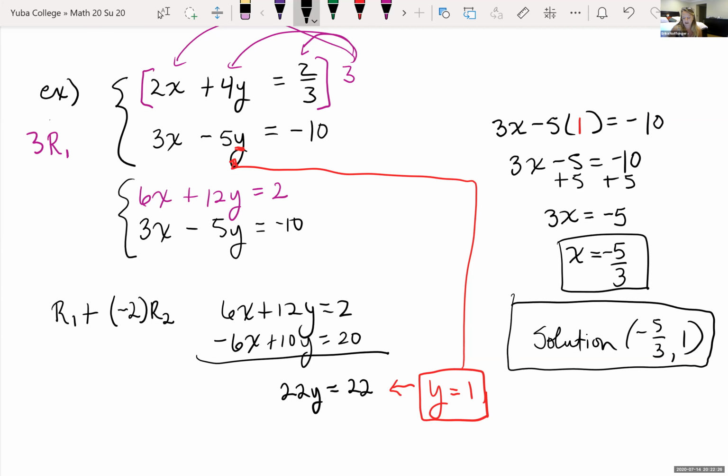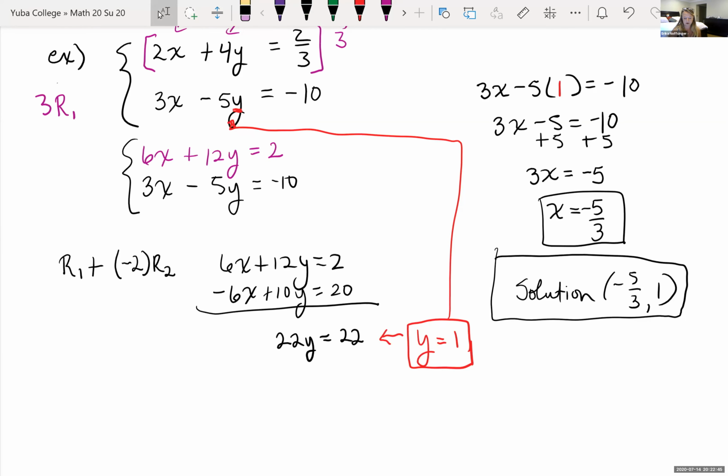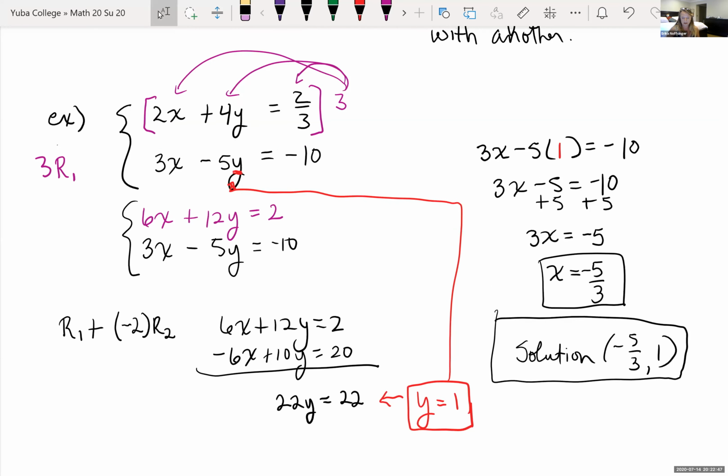Okay, so I can always check this. It would have to work for both x and y in order for this to be a solution, so we go back and plug this into each equation and make sure it makes a true statement. Okay, so if we start with more than two equations and two unknowns, let me see if I can pull this up real quick.